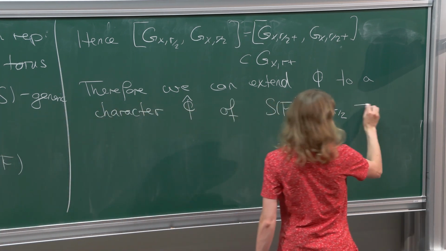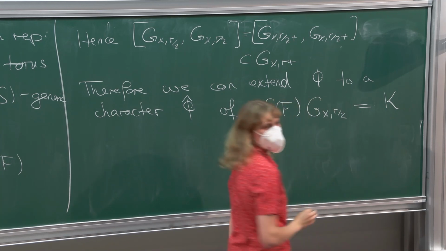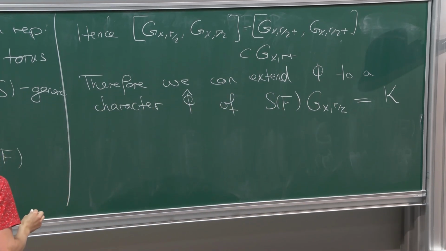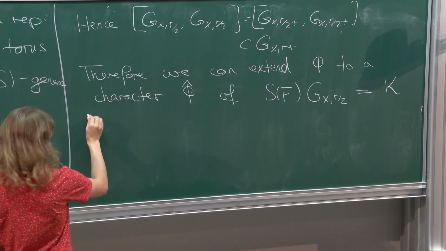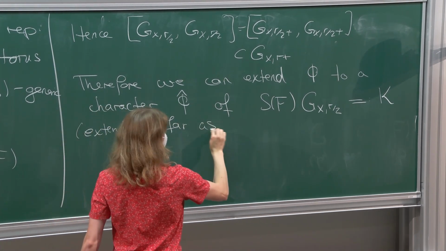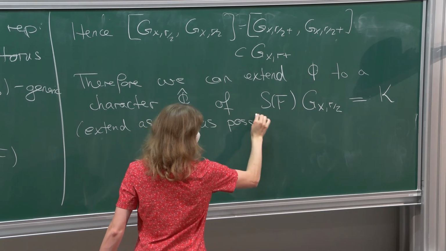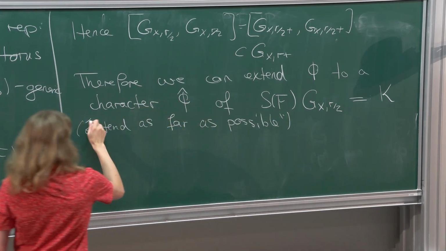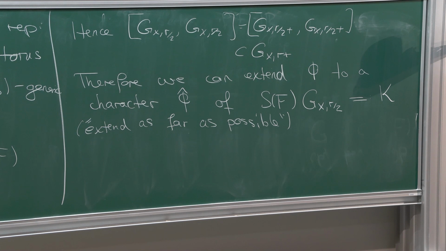Let me call this subgroup K. In other words, extend as far as possible. That should be the slogan for what I'm doing: just extend the character as far as you can naturally extend it.